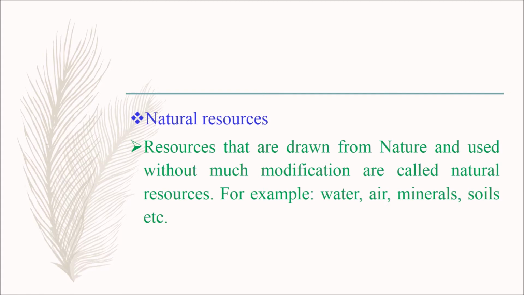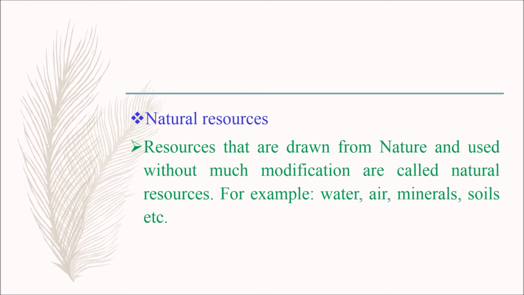Resources that are drawn from nature and used without much modification are called natural resources, which means those resources which you can easily draw from nature and can use directly without any further modification are known as natural resources.